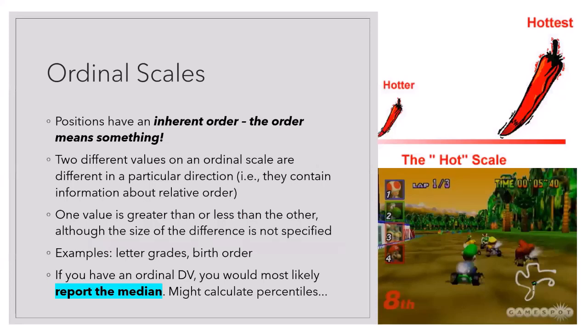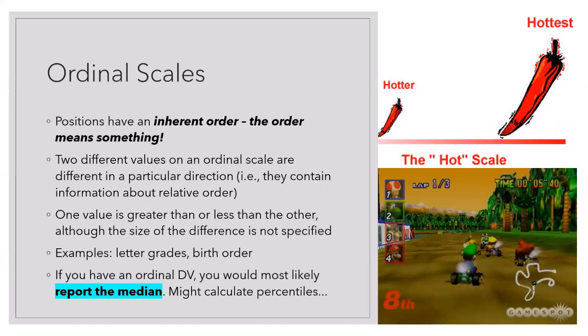In ordinal scales, positions have an inherent order, so the order does mean something here. See the examples on the side of the slide, like a random scale of chili pepper hotness or your position in a Mario Kart race. Two different values on an ordinal scale are different in a particular direction, so they contain information about relative order.